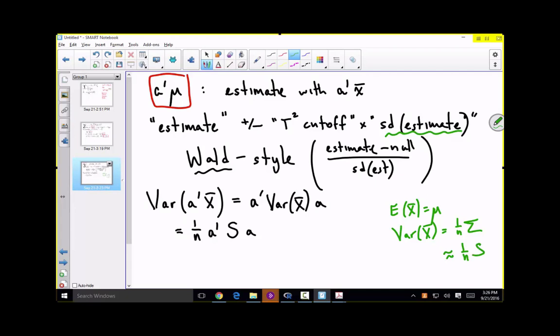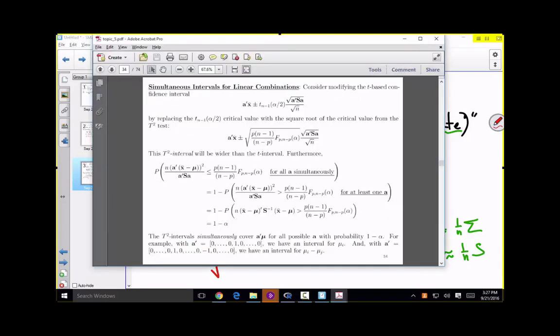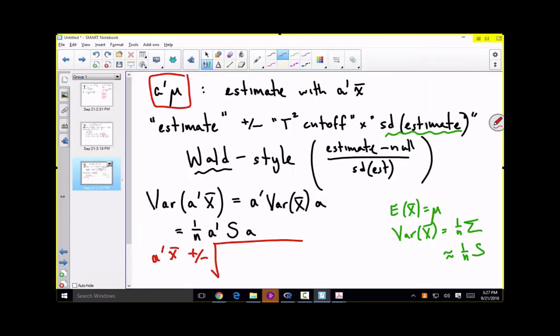So what we have in the context of this confidence interval for a linear combination is estimate plus or minus that t-squared cutoff. I'll go ahead and write it down: p times n minus 1 over n minus p.